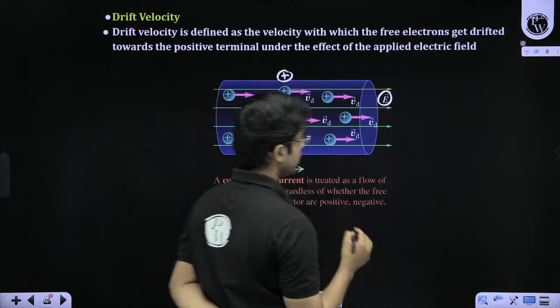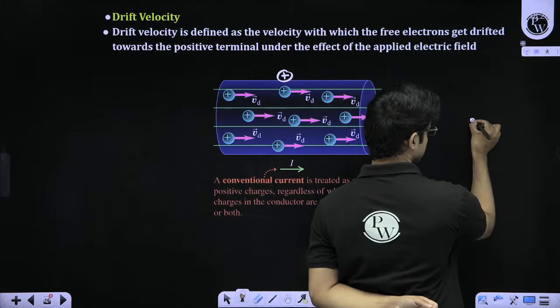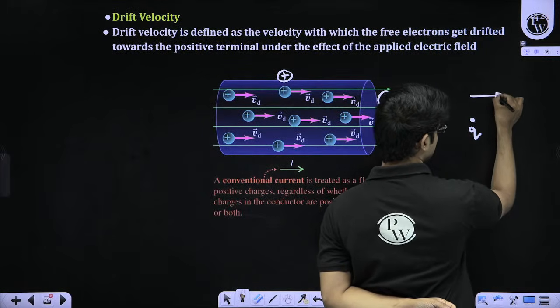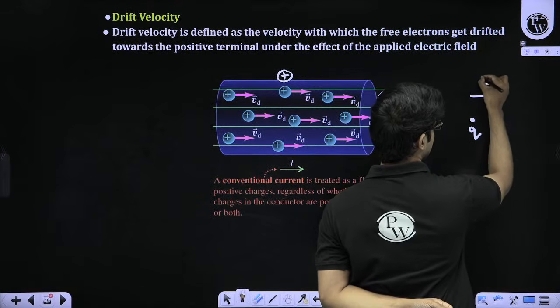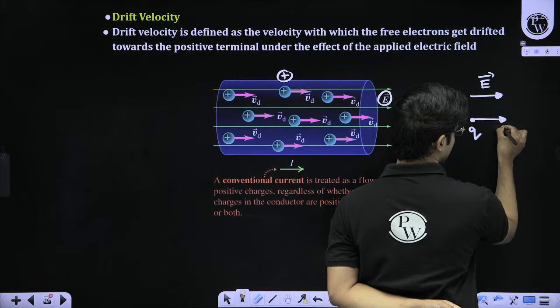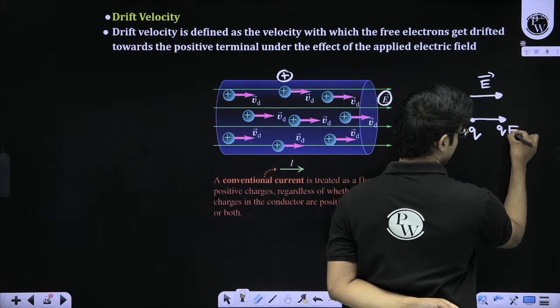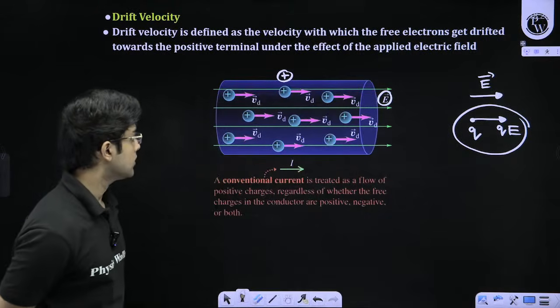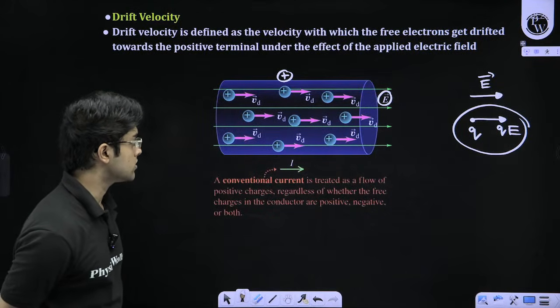If I choose a positive charge plus Q somewhere and place it in an electric field, remember from the electrostatics chapter, the force on the charge will be given by QE, right? Now this force will move the charges.